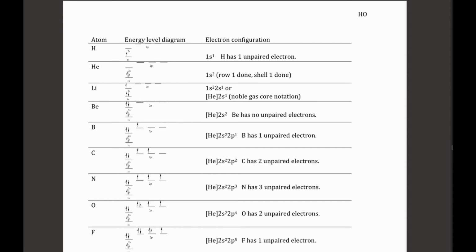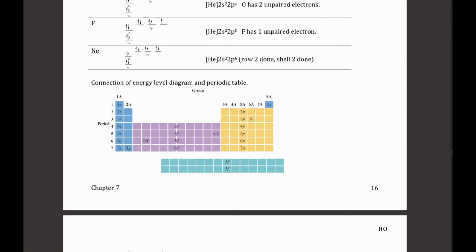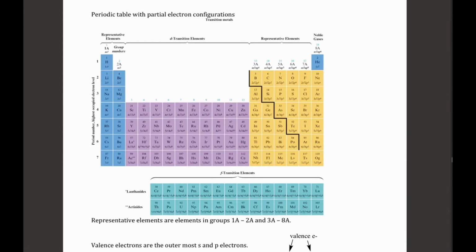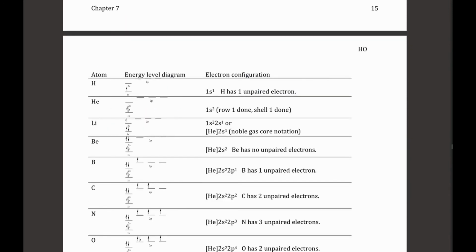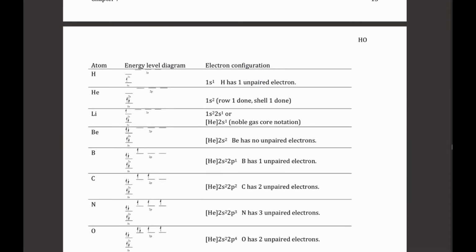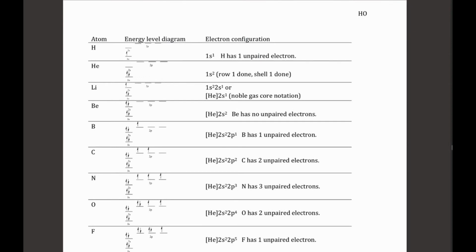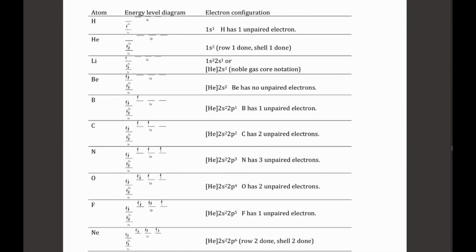Oxygen, we have one more electron. Now we have to start pairing. So oxygen, we have two unpaired electrons, and we have 3 pairs of electrons.